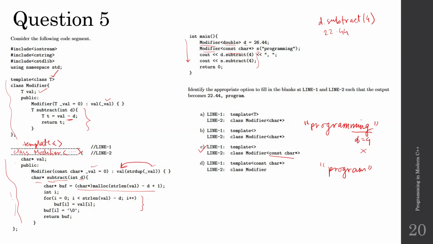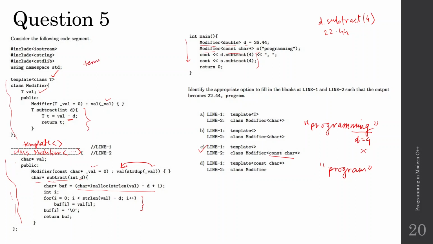So now you might ask why do we have to write the empty angular brackets? This is because your templated class or templated function might have multiple arguments of class.